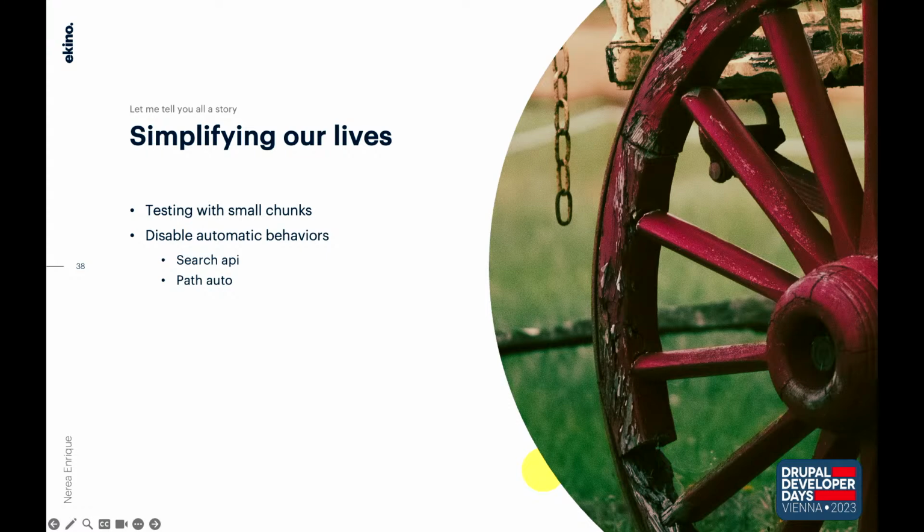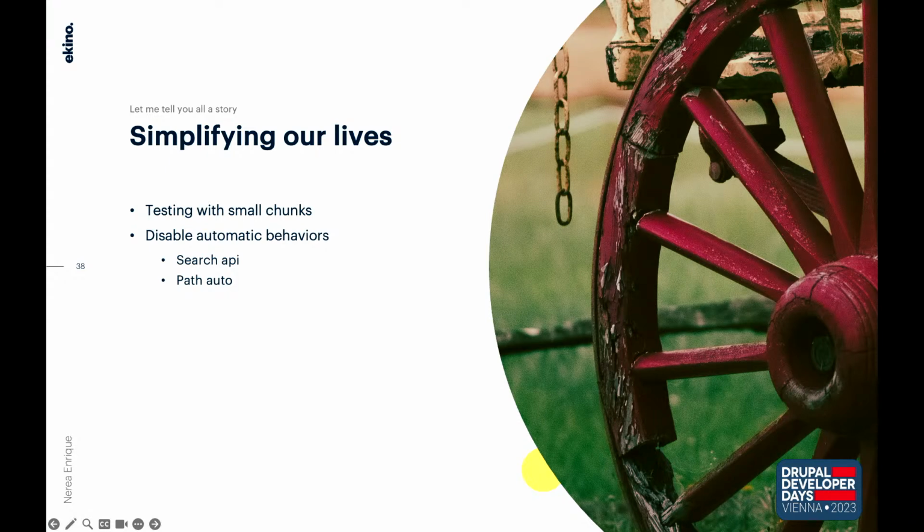And testing migrations is tedious work. So small chunks are the best way, with limits, because you don't have too much. But in this case, we had a lot of dependencies from the beginning to the end of the migration. So we had to find a better way to test everything from the user to the last node we could create.